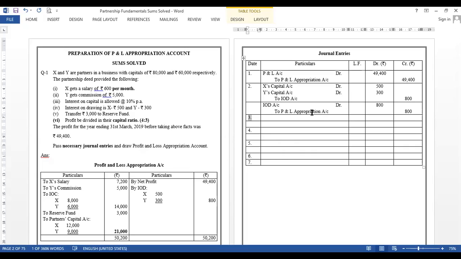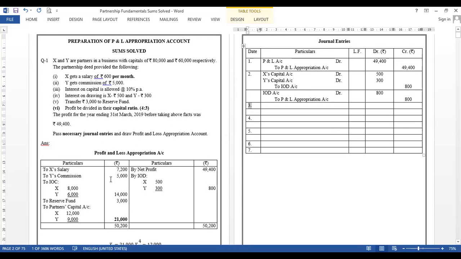अब डेबिट साइड. डेबिट साइड में we have first amount as excess salary. कौन बता रहा है? Sir, excess salary account debit to excess capital. That's very correct. Excess salary account debit to excess capital account. Amount 7,200. ठीक है.